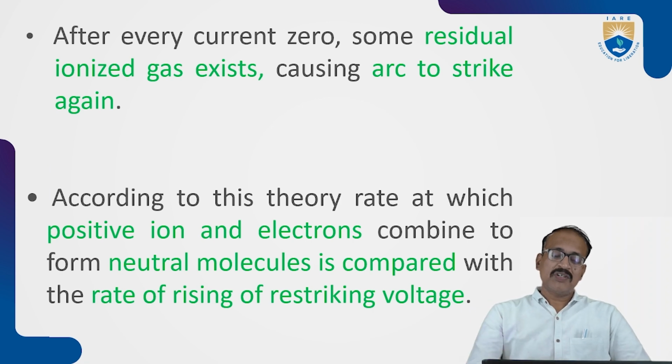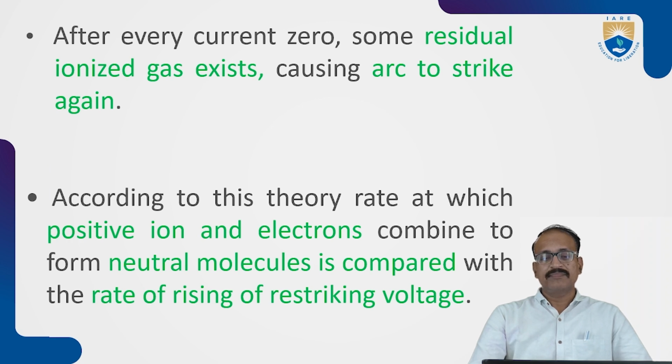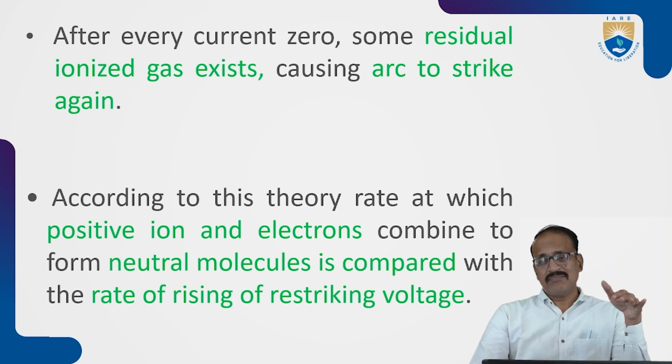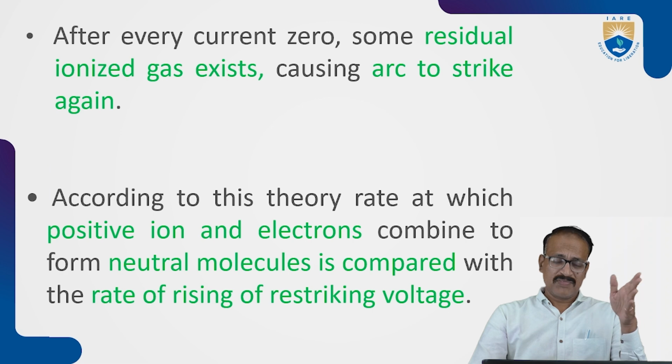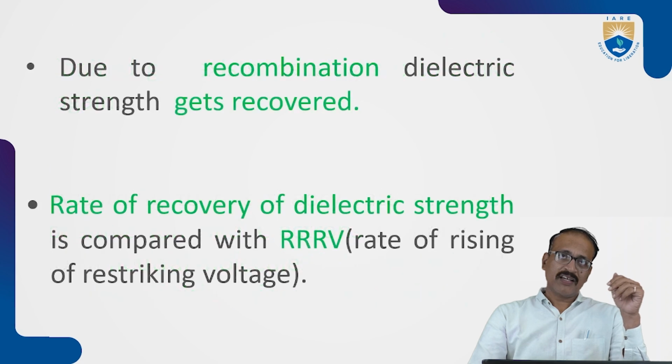So if the restriking voltage is faster than this combination, the arc will strike again. If the positive ions and electrons combination is faster than the restriking voltage, the arc will not strike again.